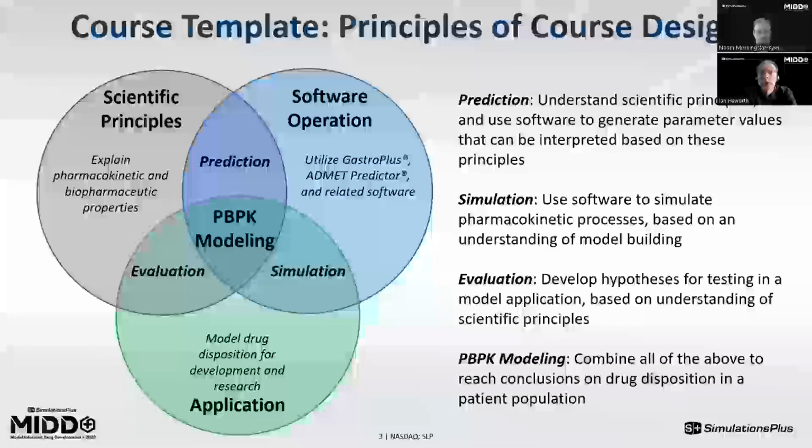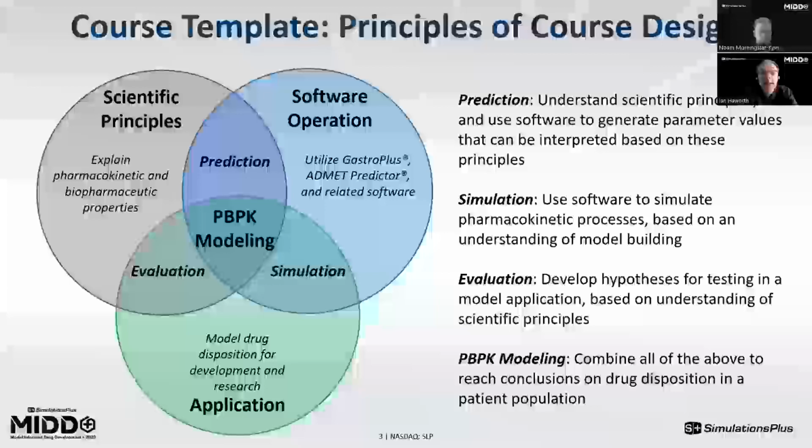Having taught the use of the software, we can then start to have the students build models. We refer to this as the simulation element, the connection between functional software operation and actually developing models for application, which is in the green circle at the bottom of the slide, where that can be at a very limited level or a very sophisticated level in developing models to test hypotheses.